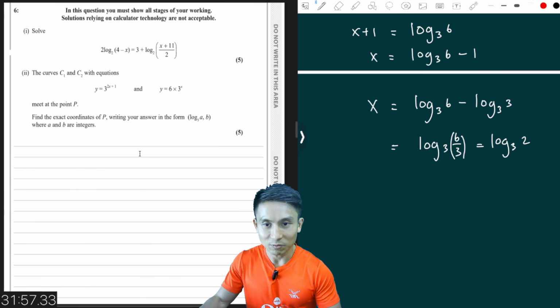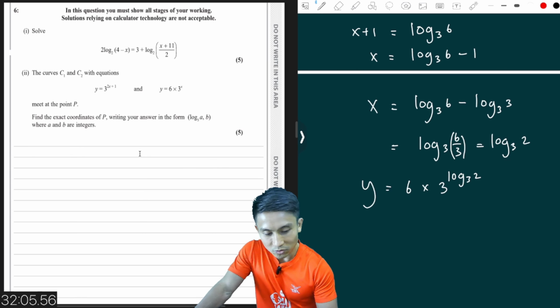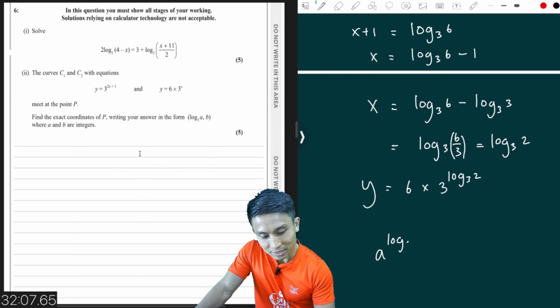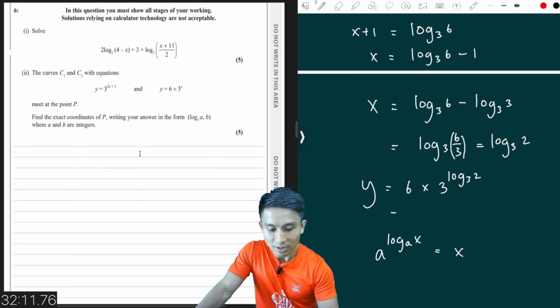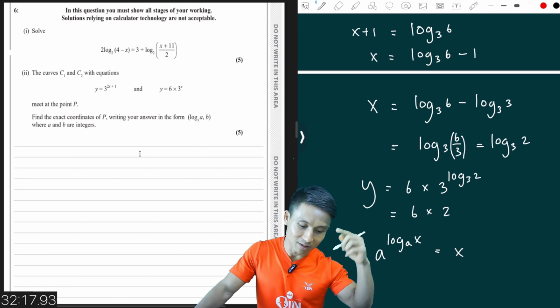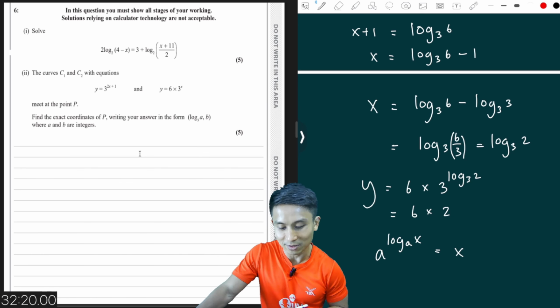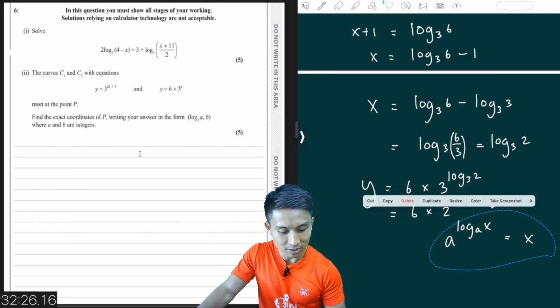So if x is that, what is y? Well, y is going to be, I'm just going to use the second one, 6 times 3 to the log base 3 of 2. Well, we know that if we have a to the log base a of x, that's just going to give you x, right? So that means this is 6 times 2. Just pull down the 2 there, because the 3 and the log base 3 will cancel, because they are inverse functions of each other.